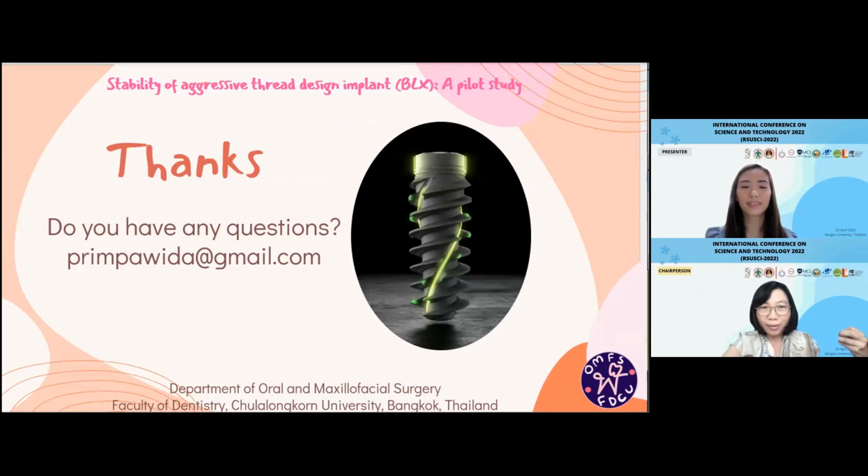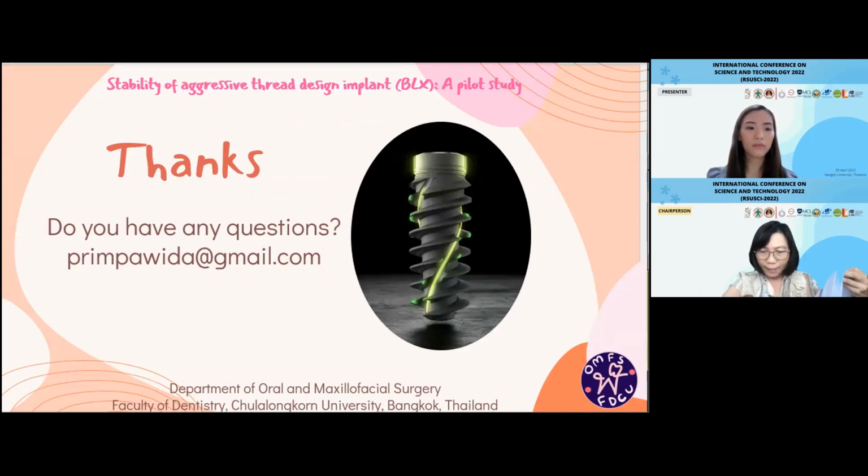Thank you for your presentation. I have some questions about why you measure RFA just at buccal and mesial, and why just one time? We have an earlier study about the IFA, and we found that the IFA is a very highly precise method.